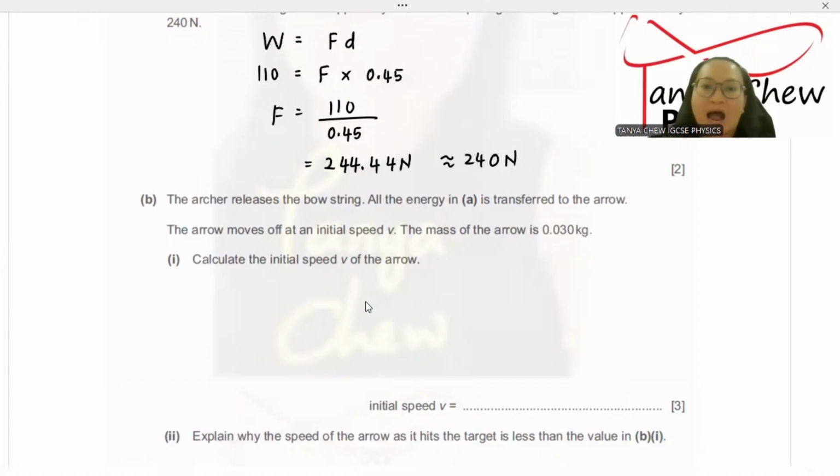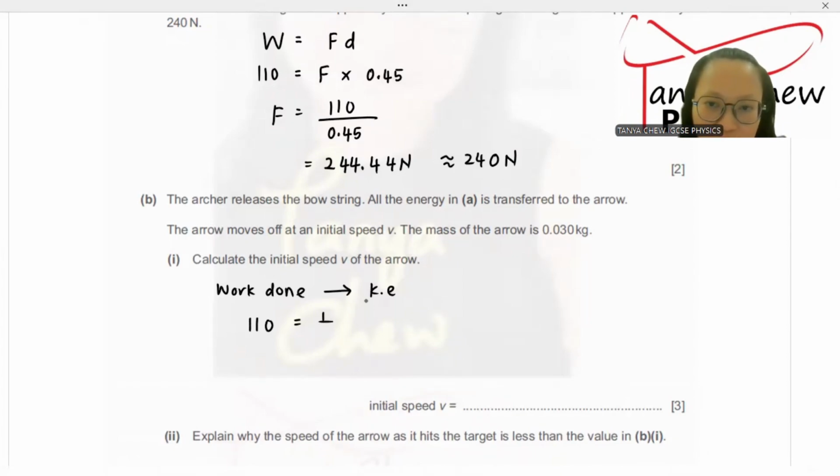In this case, I would like to use the principle of conservation of energy, because the work done is transferred to the arrow, because the arrow is moving. So that is why the work done is transferred to the kinetic energy of the arrow. The work done is given as 110 joules.